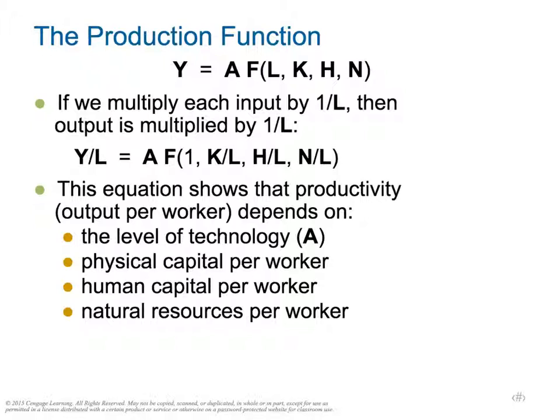Again, I can look at this in different ways, output per worker being one of them. I could look at natural resources per worker, human capital, or any of these variables, and set them over themselves to measure ideas like physical capital per worker. It just depends on what I want to look at in terms of the production function.